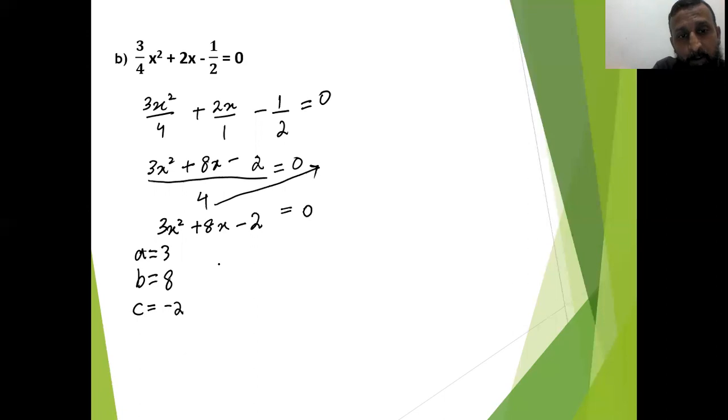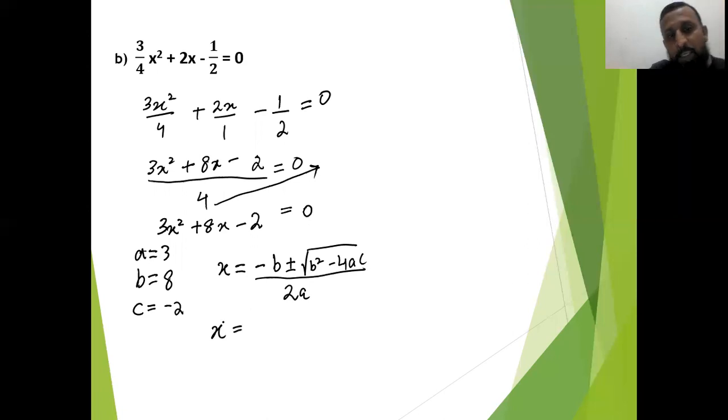We use a quadratic formula, that is x equals negative b plus minus under root b square minus 4ac upon 2a. Okay, so let's plug in these values of a equals 3, b equals 8, and c equals minus 2. So let's do it.